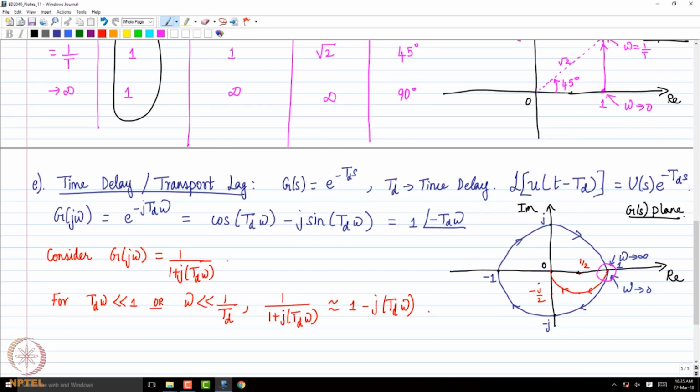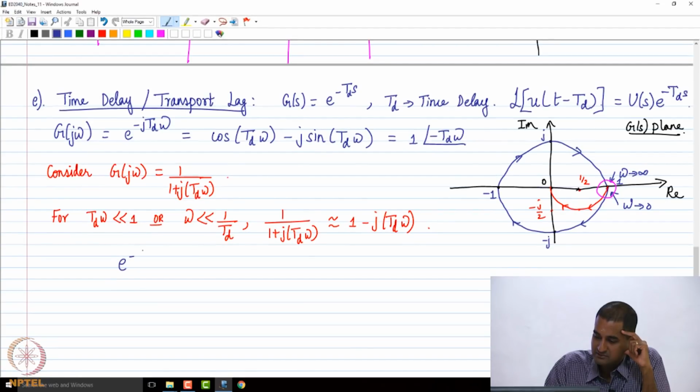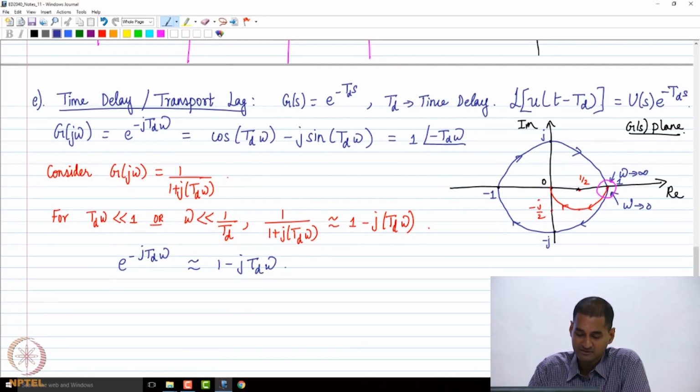Similarly, what can I say about e power minus j td omega? It can also be approximated as 1 minus j td omega, for low frequencies. So that is what we have, correct.